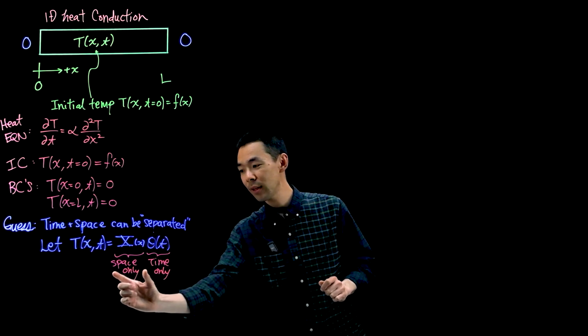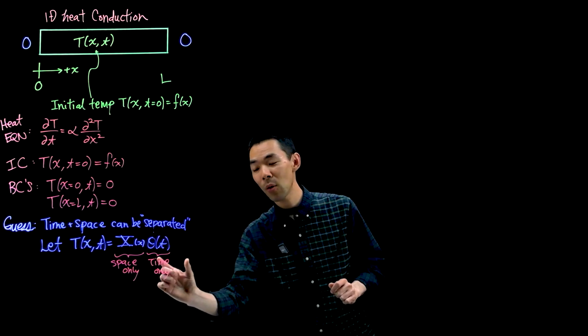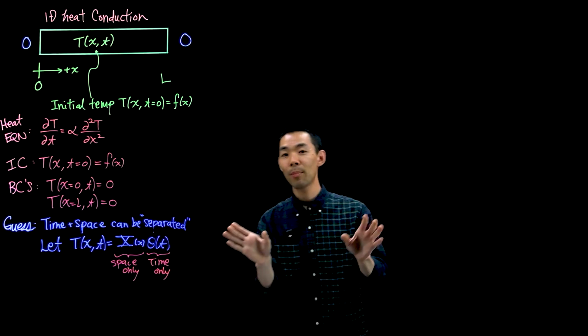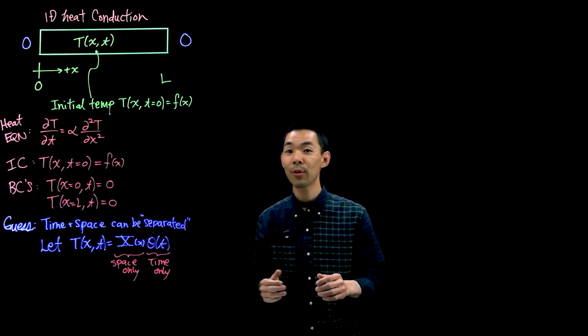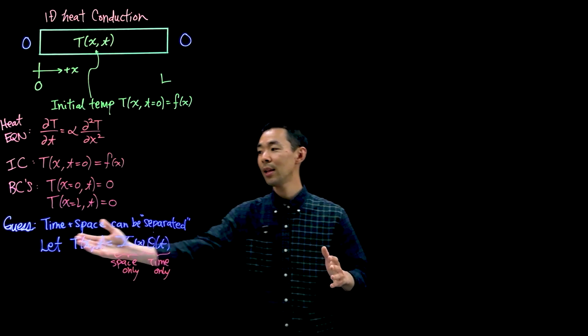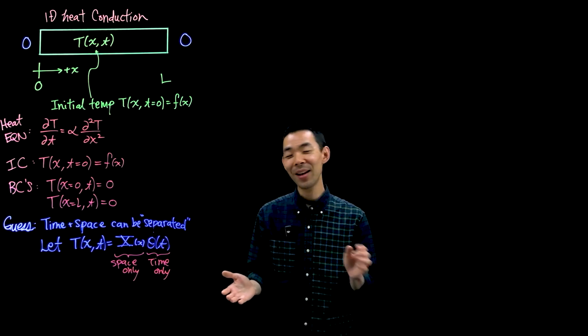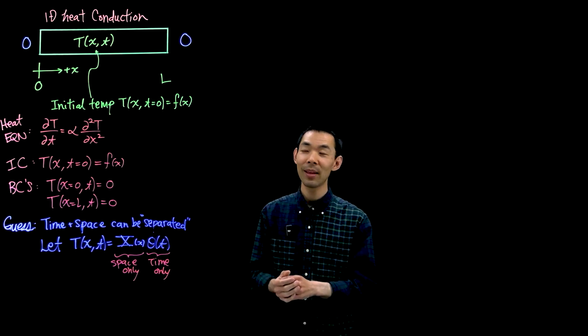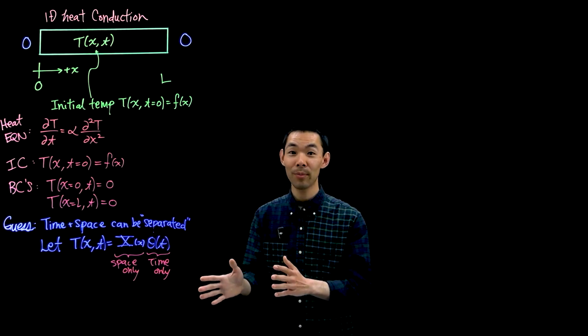One function that only depends on space, x, and another function that depends only on time, t. And the product of those 2 functions will give us the temperature profile. Like I said, it is a guess. It may not work after all. And in some problems, it won't work. In this particular problem, it will. And this is called separation of variables.